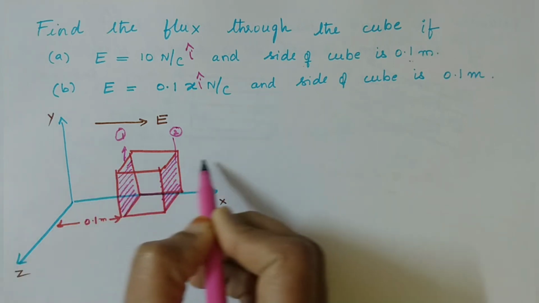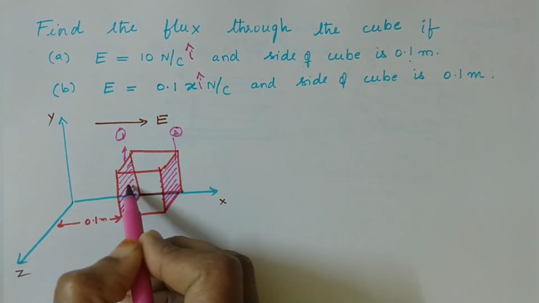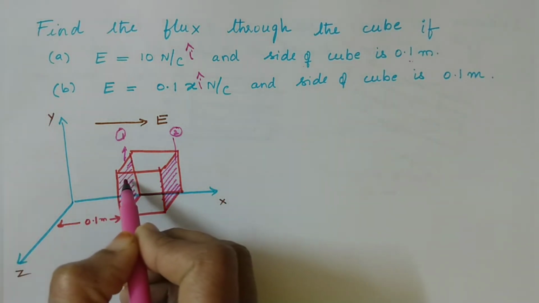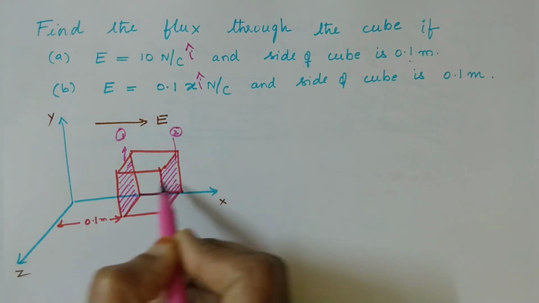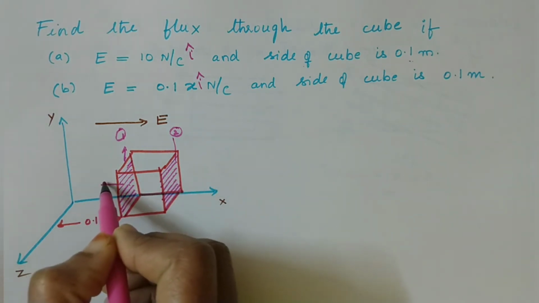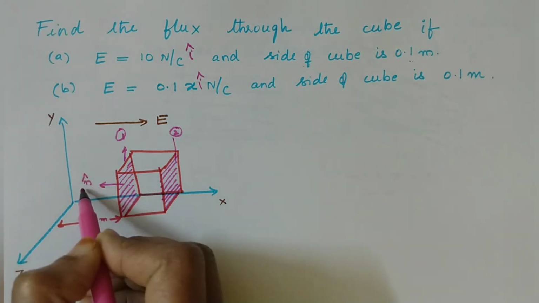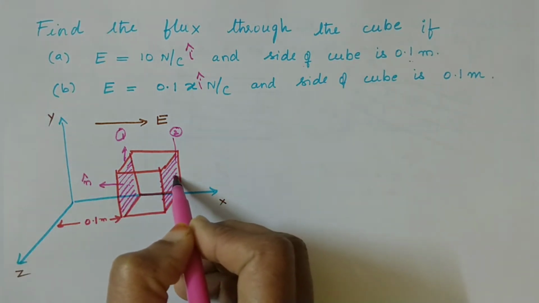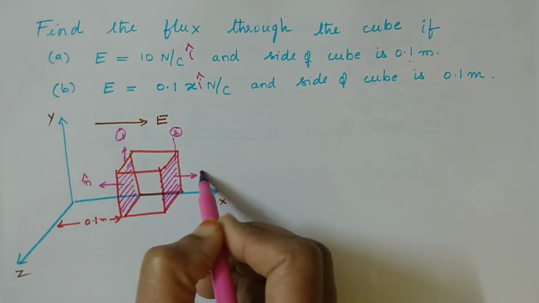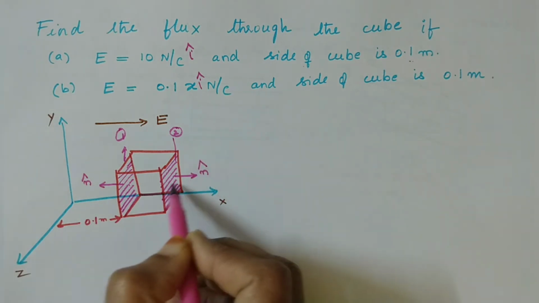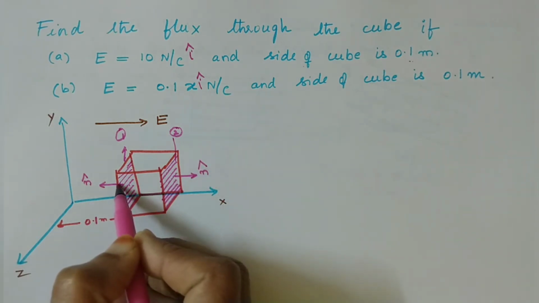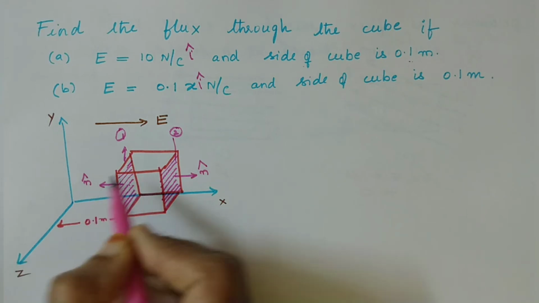Since the field is uniform, the electric field is directed along the x-axis, and area vector for the first surface is outward normal, which is in negative x direction, whereas area vector for the second surface is in positive x direction.